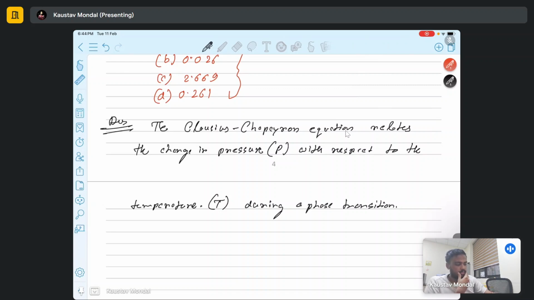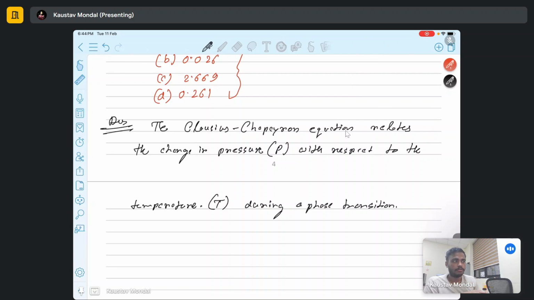So Clausius-Clapeyron's equation basically gives you that during a phase transition, if you change the pressure, what will be the change in the temperature? Because phase transition will happen at a particular temperature and also a particular pressure. So both this pressure and temperature relate with each other. If you change the pressure during the phase transition, the temperature also will change.